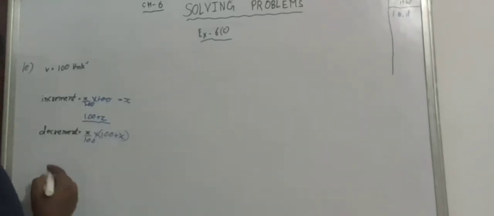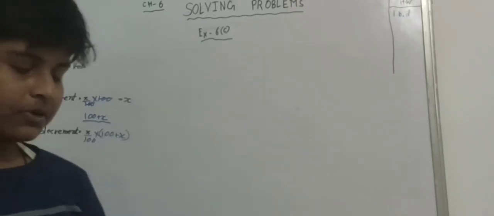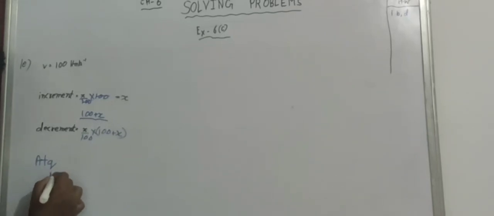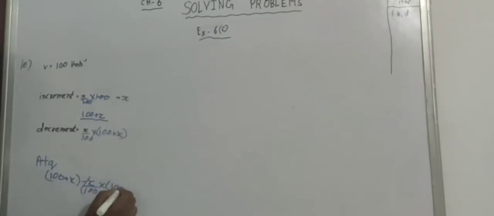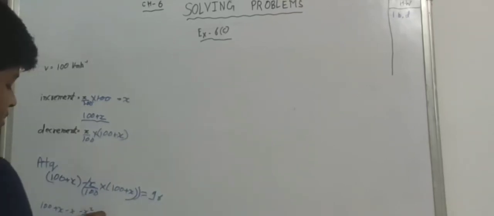Now a decrement of this value: x by 100 into 100 plus x as a whole. According to the question, the value now becomes 96 km per hour. Subtract this from this, so the equation becomes 100 plus x minus x by 100 into 100 plus x equals 96. So 100 plus x minus x square by 100 is equal to 96.